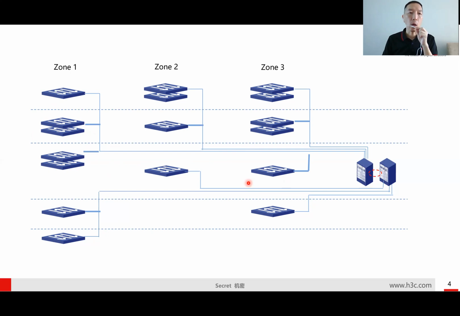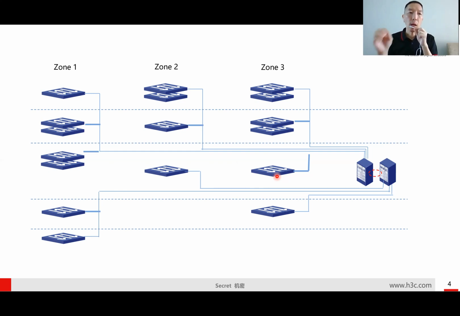So according to the same design, you need to lay extra fiber for 1, 2, 3, 4, 5, 6 locations: 6 locations of access switches, and you need to put fiber from those locations to the core switch. Definitely, the fiber cost will be very high.